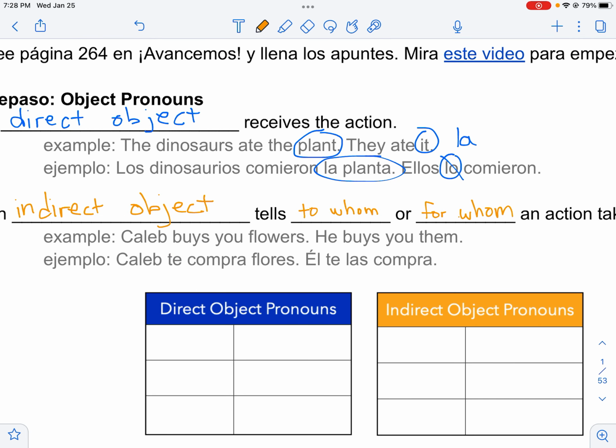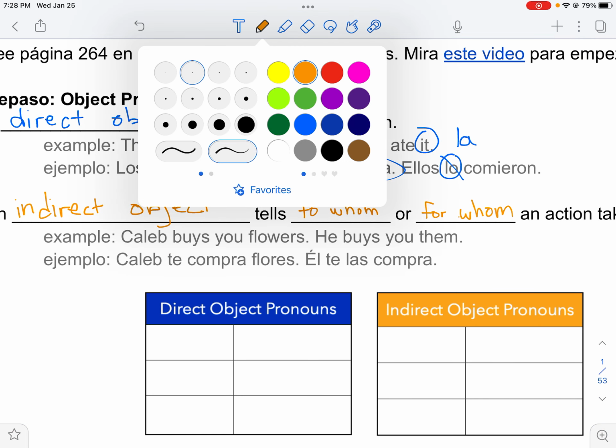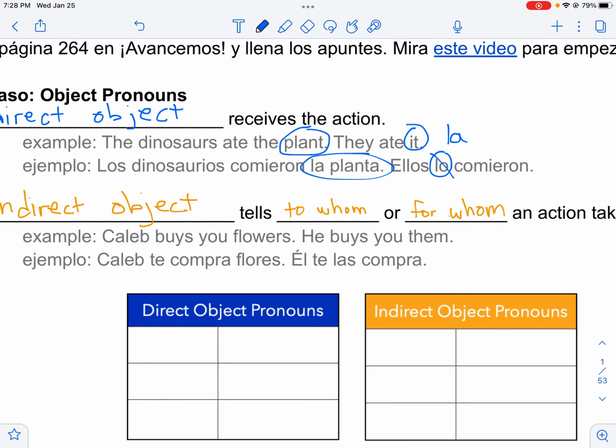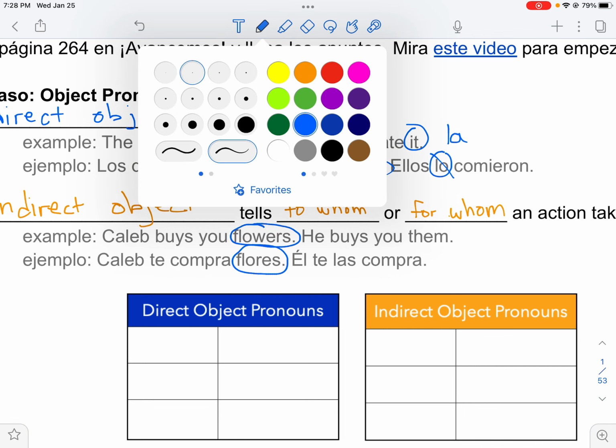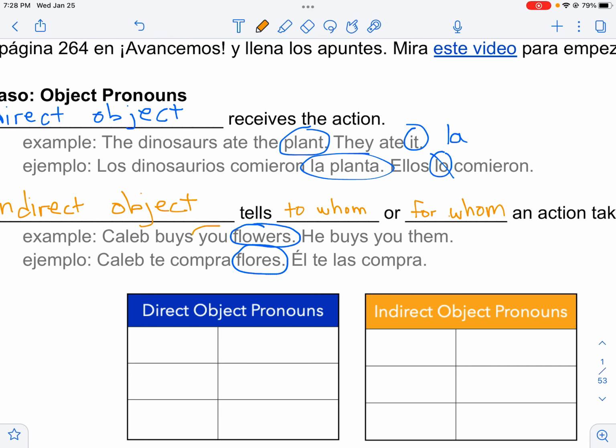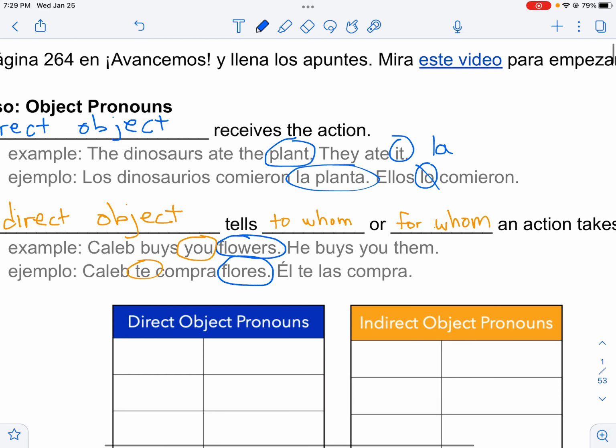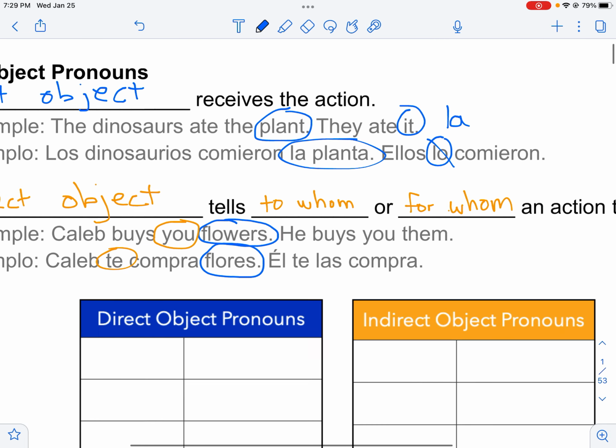In these sentences, the direct object is flowers, las flores. And then the indirect object is you. He buys flowers for you. Te compra las flores. Instead of flowers, you can use a pronoun.